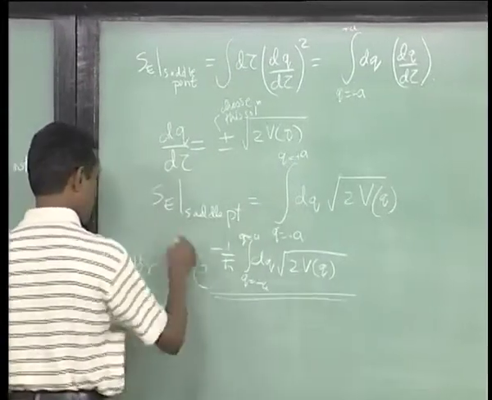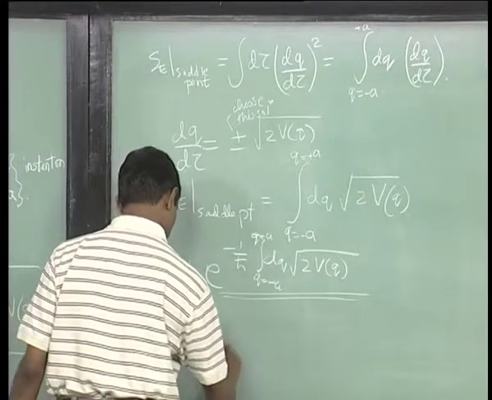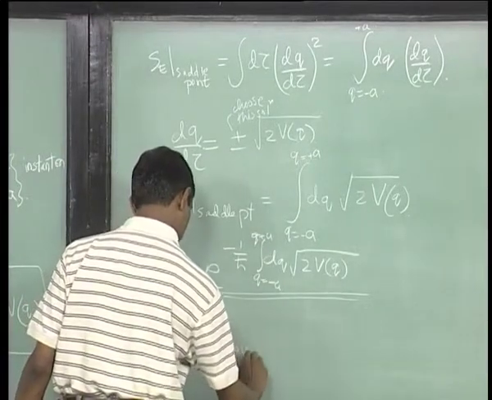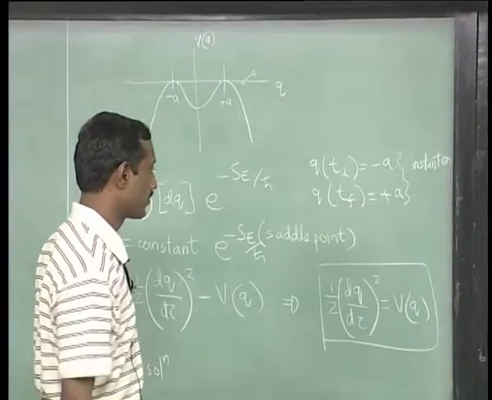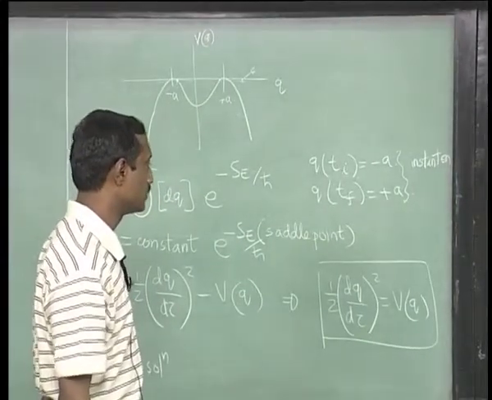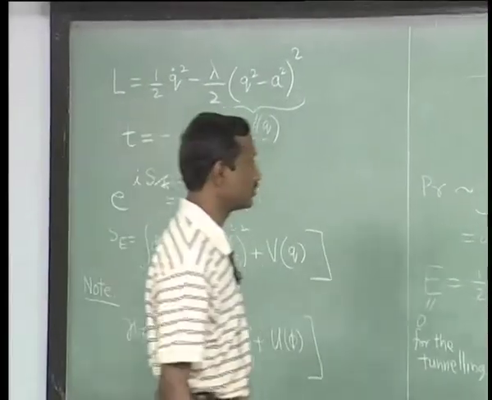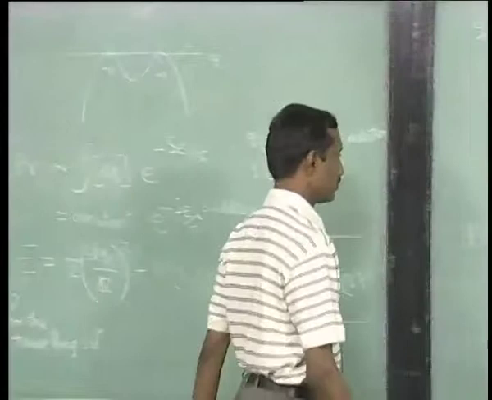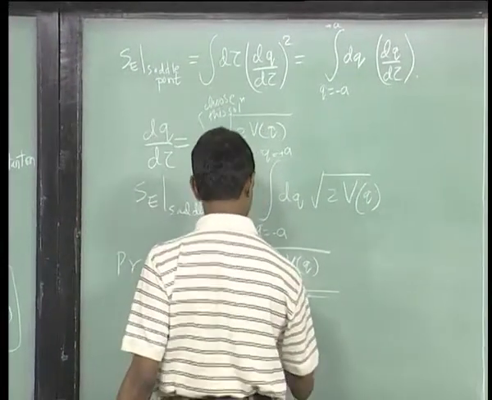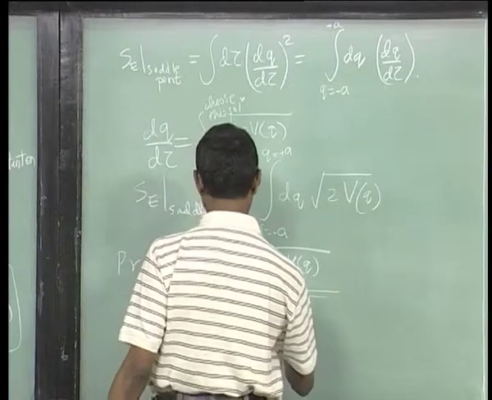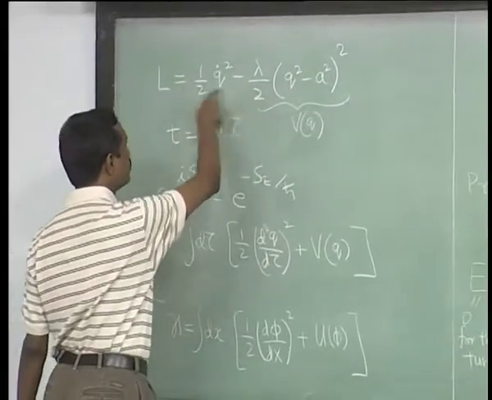So, I am going to be more explicit. Yeah. So, the saddle point. What is V of q in our example? It is just lambda over 2. So, 2 times that. So, what I get is that 2V is what I want.